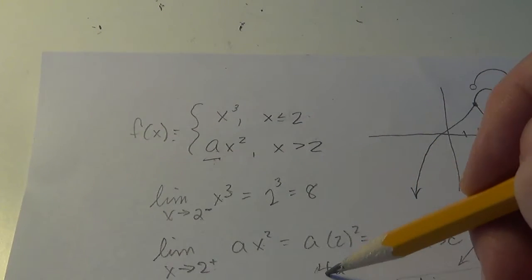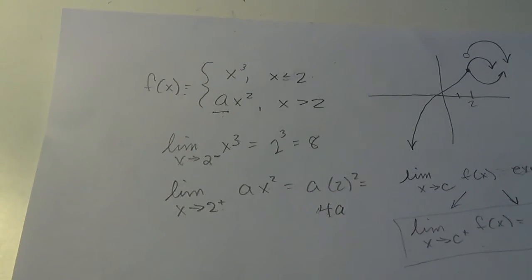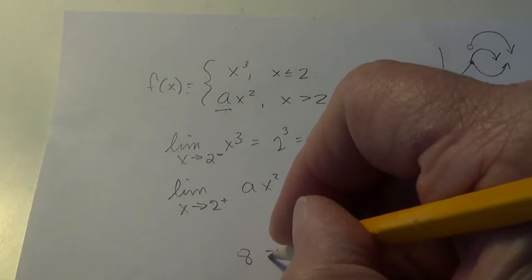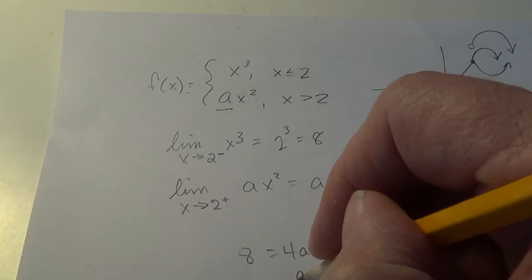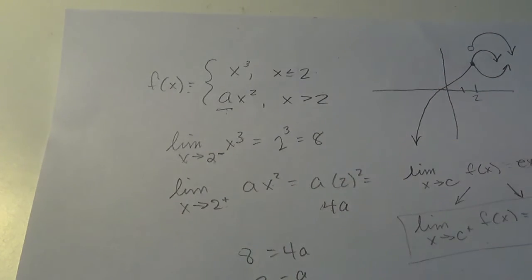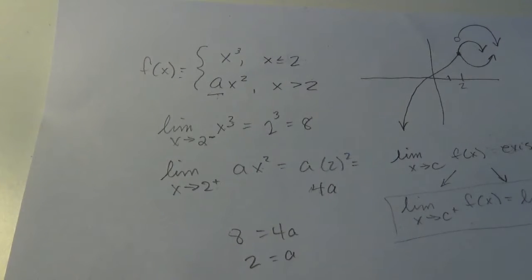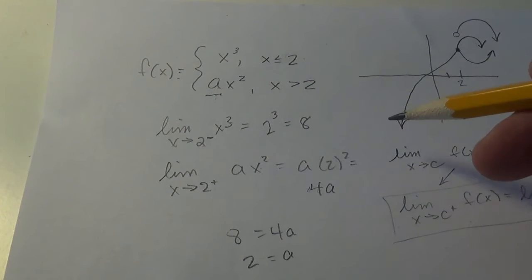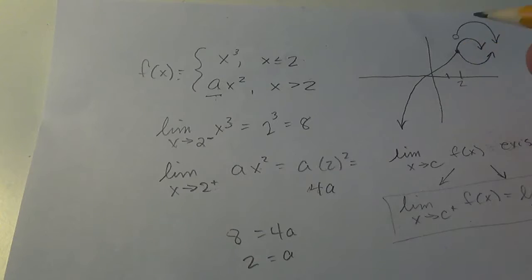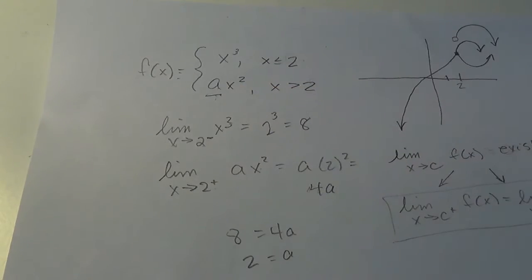So this value and this value have to be equal, so we have 8 equals 4a to ensure continuity. So a equals 2 on this one. A equals 2, and that will ensure that the function is continuous with no jumps.